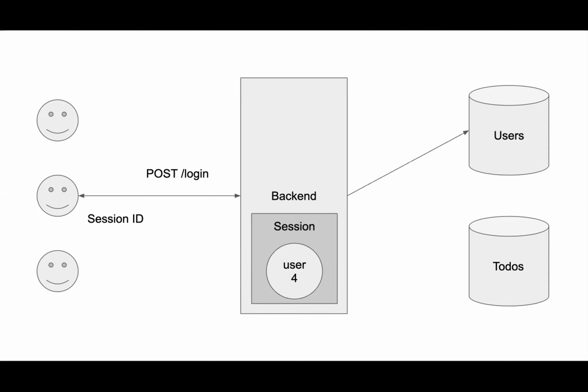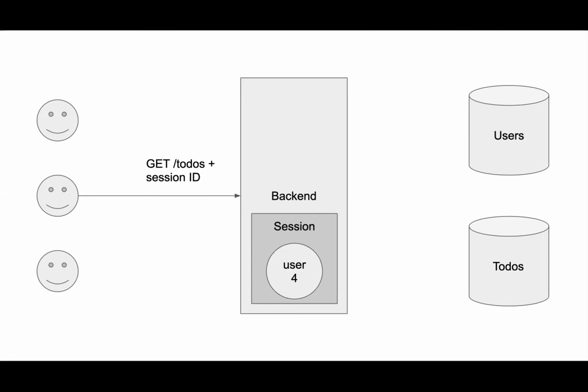The password matches the hashed version that we have in our data store. So we grab the user out of the table, and we put that user into a session object, and we return the session ID to the front-end client. And the session is kept in memory on our server. In subsequent requests, say to fetch to-dos, the client can pass along the session ID.